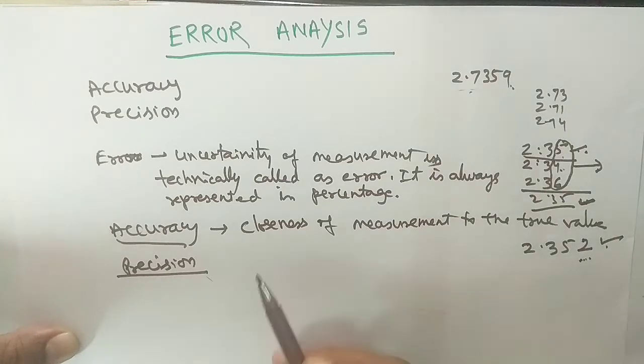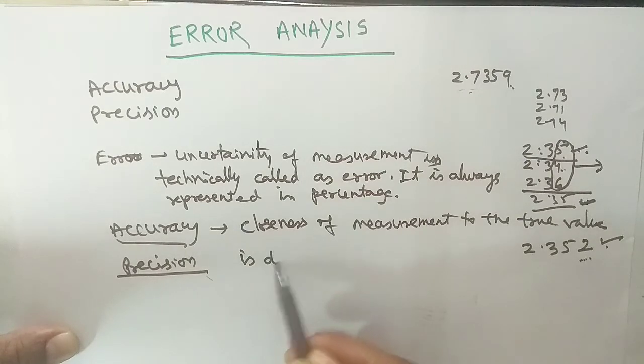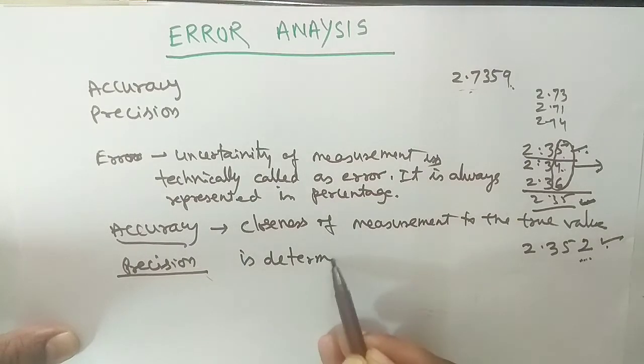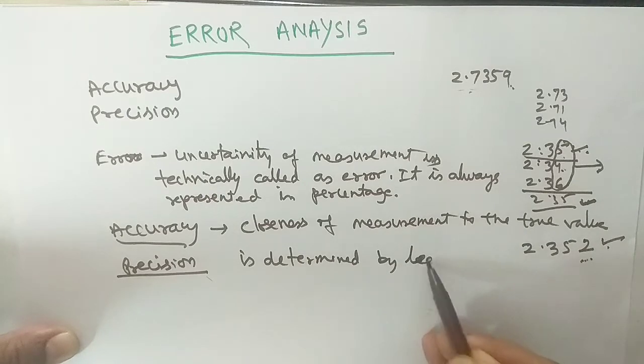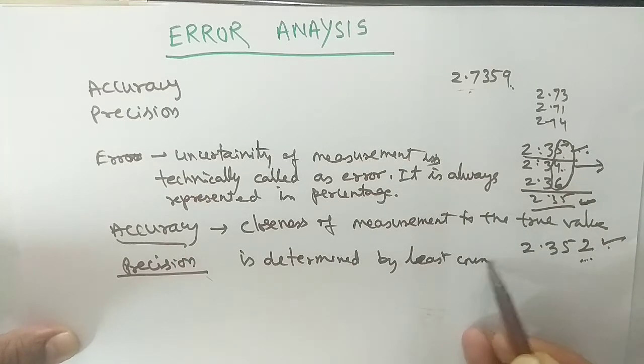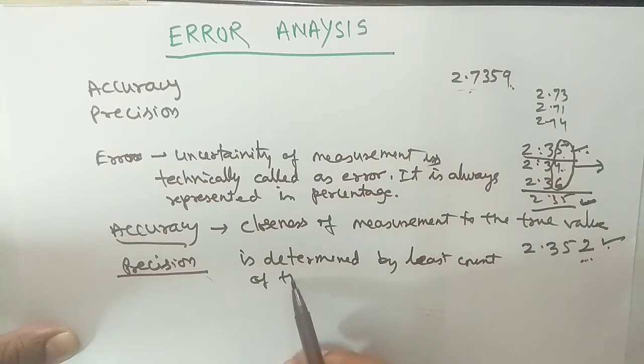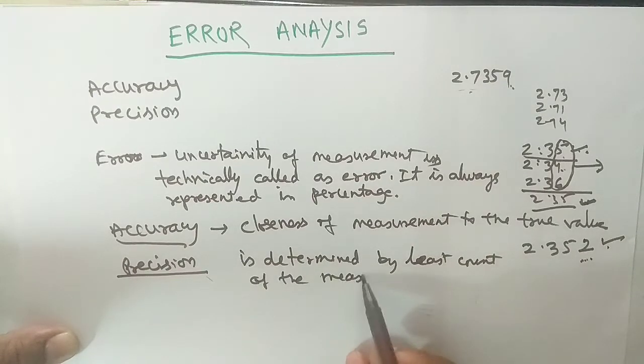So you can write here: precision is determined by the least count of the measuring instrument.